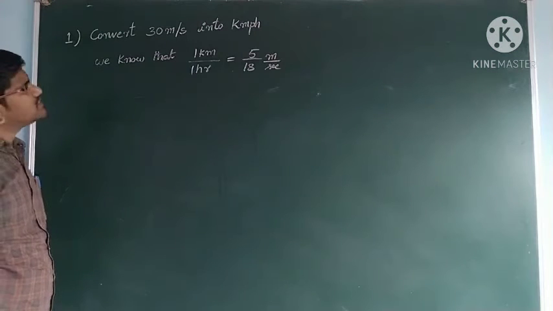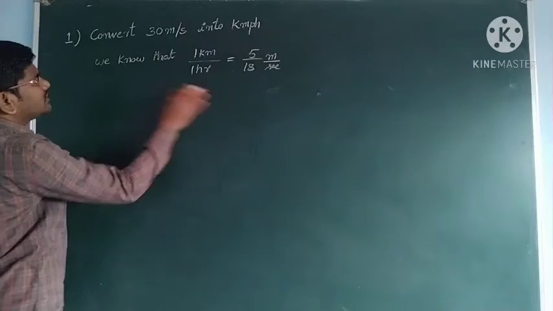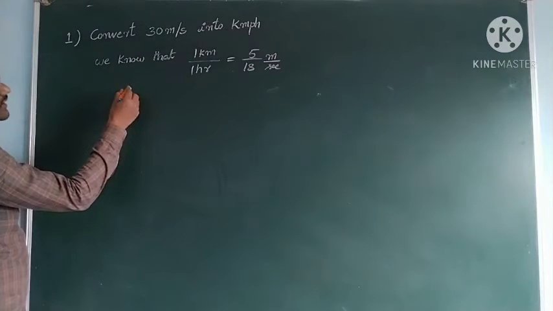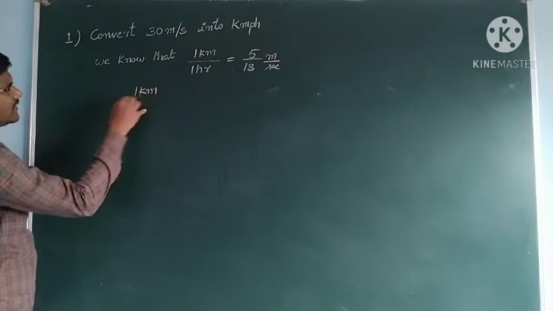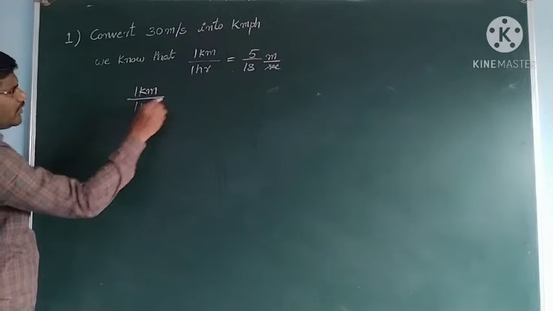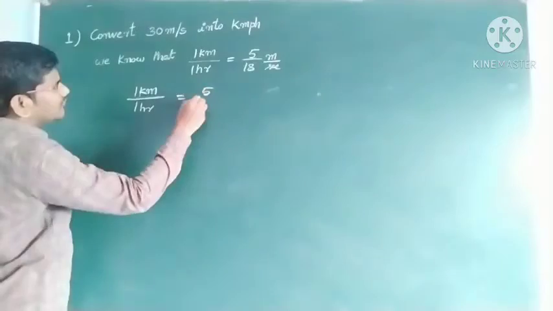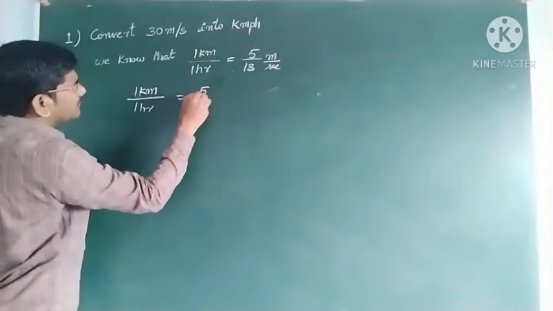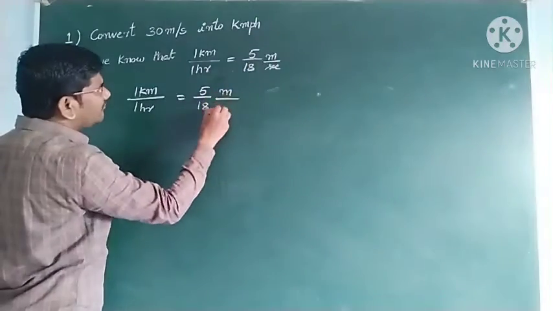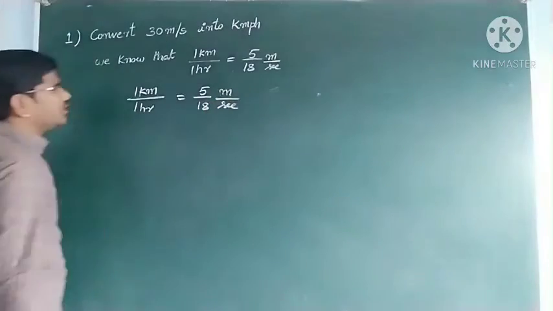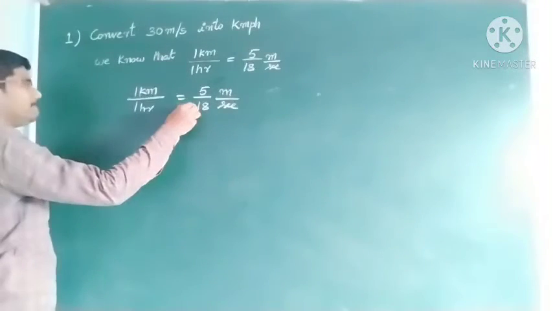Okay students, but we should convert, see, 1 kilometer per hour. So what is the relation we have? 1 kilometer by 1 hour is equal to 5 by 18 meters per second. Now do the cross multiplication.